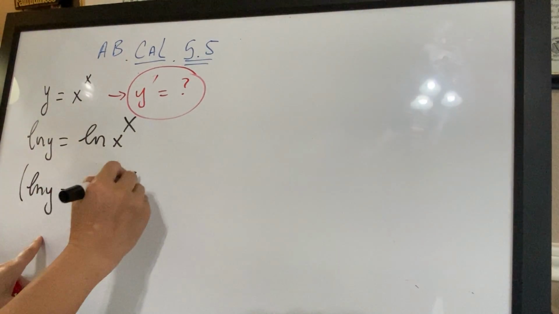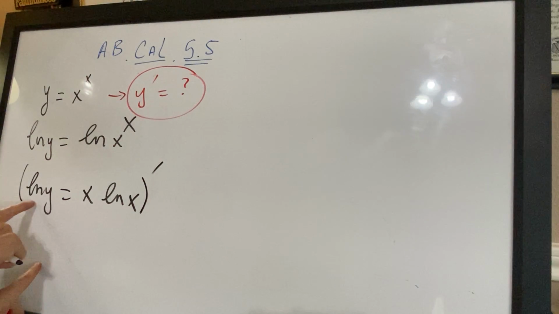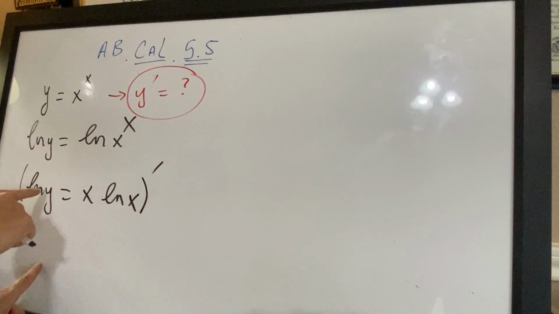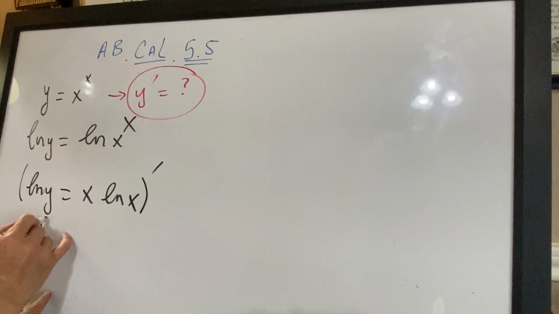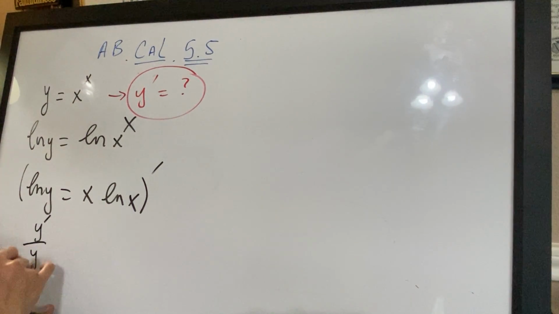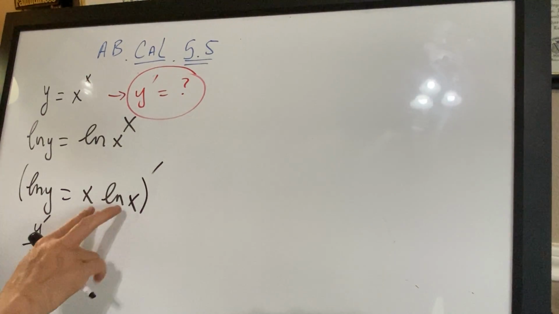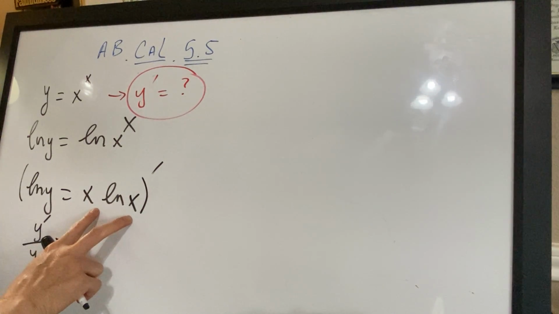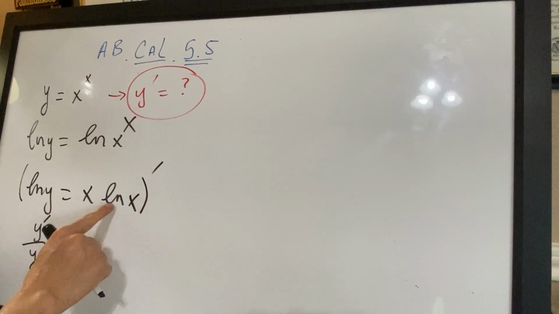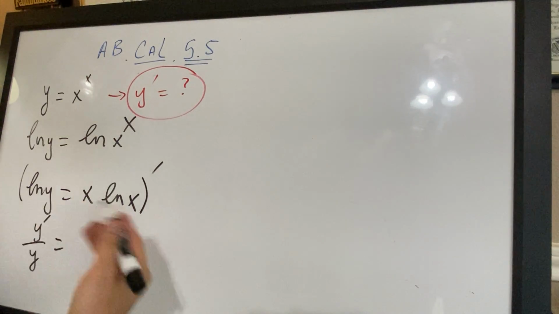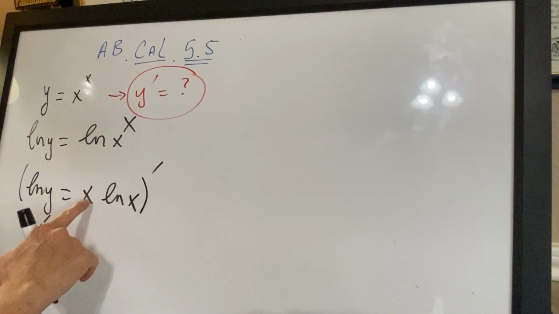Now I take the derivative of both sides. The derivative of ln y is y prime over y. Over here, you can take the derivative because it is a variable times a variable, so you can do the product rule, u times v.